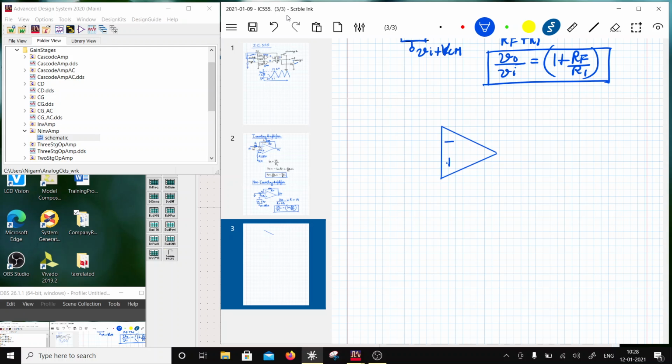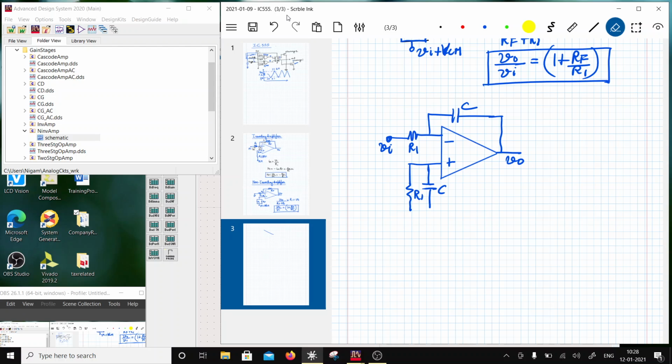We have a negative non-inverting here, and I am going to put here R1, and I am going to put here C, and then this is VO, and this is VI, and then this I would keep as R1, C, not C1, C, and then I'll give it a VCM. Okay, and this one will have VCM.